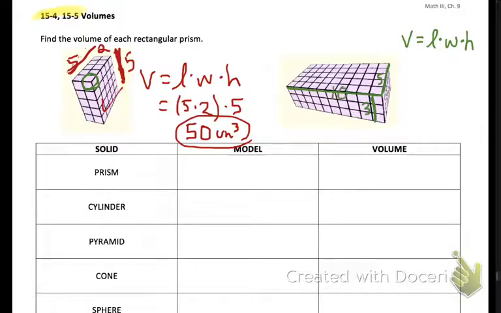A very nice 10. So we would have 5 by 10. That's kind of the top of the shape. 5 by 10. And then the height is we have 3 stacks of those 5 by 10s. So that's 50 times 3. We have 150 of those little cubelets, cubic units. So that's our volume. Pretty basic.